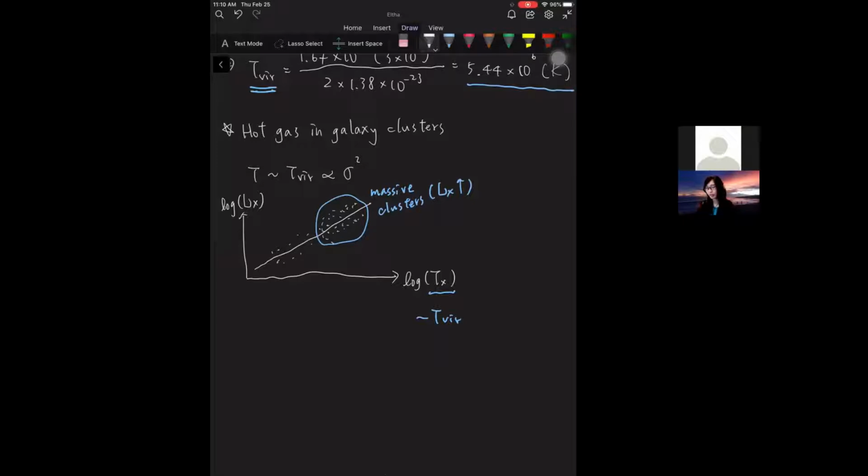Let me write it down. It's 2 times the kinetic energy equal to the negative gravitational potential energy, which is GM squared over 2 eta r. For simplicity, we'll take eta approximately 1.